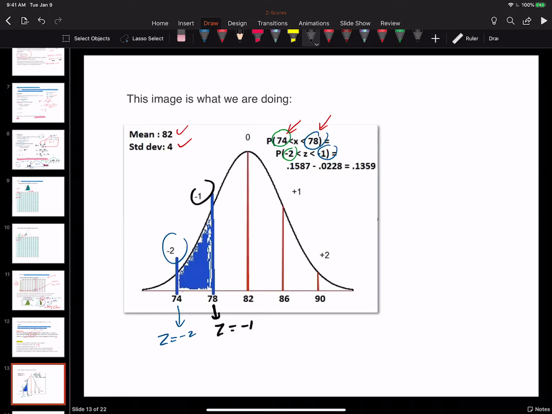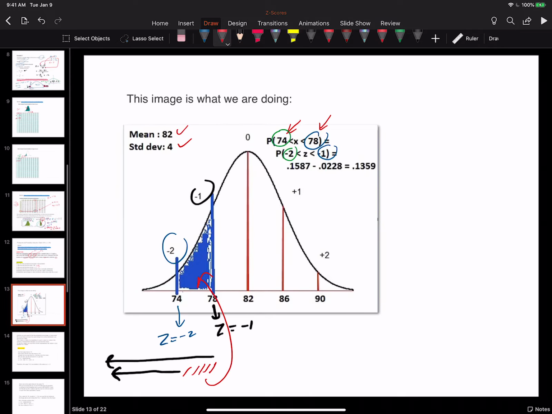So all you need to do is find the area from the table under -1, find the area under -2, and subtract them to find the difference between them, which is graphed right here. So this is what we're doing.